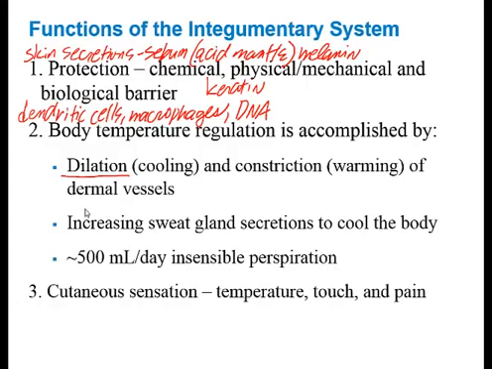And so this is going to allow for perspiration, and there is about a half liter of perspiration per day that we actually do not notice. So 0.5 liters is 500 milliliters, and this would be the unnoticeable perspiration that we don't see.